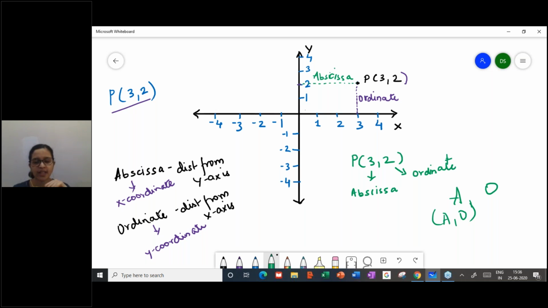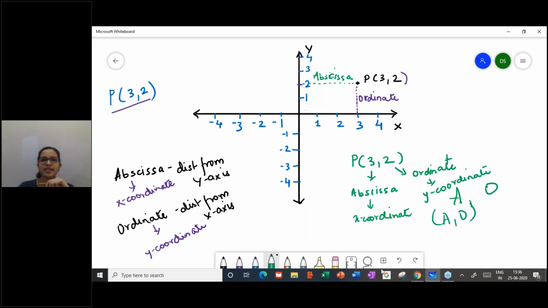Because I know these are complex terms and you can get confused after a point about which is which. Cool. So just remember x. So this is also the x coordinate or abscissa, and this is also the ordinate or y coordinate, right?